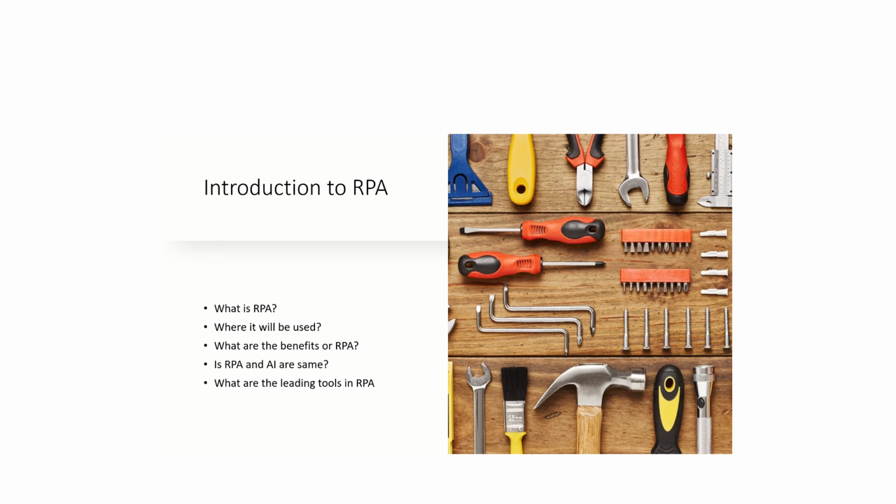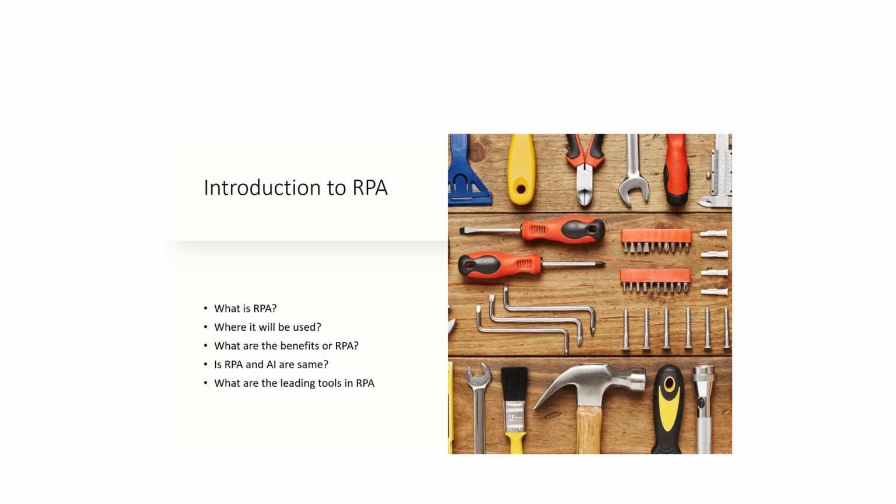Most of the time I get this question: are RPA and AI similar? My answer is, if AI is automating any of the work, RPA is similar to that, but RPA would only do the limited number of steps which we mentioned in the process or the application.